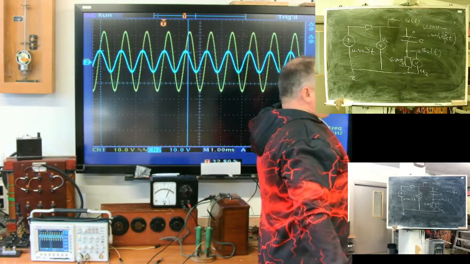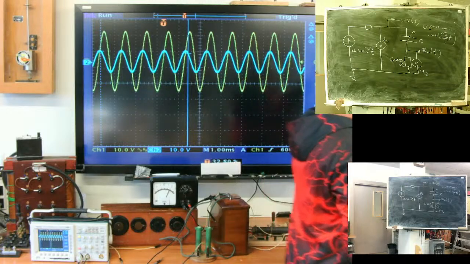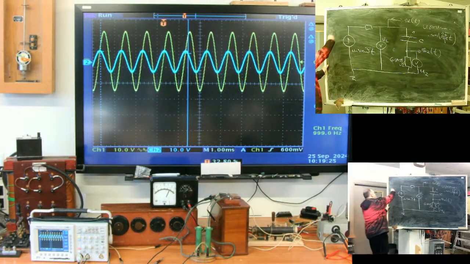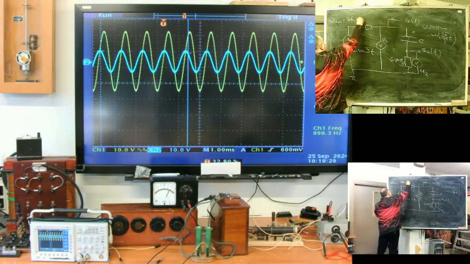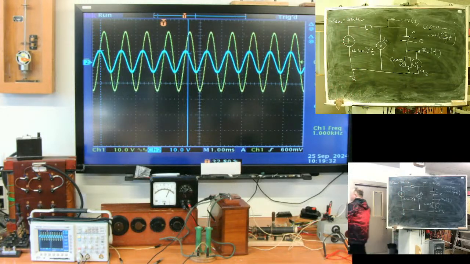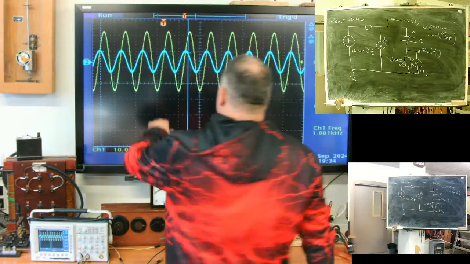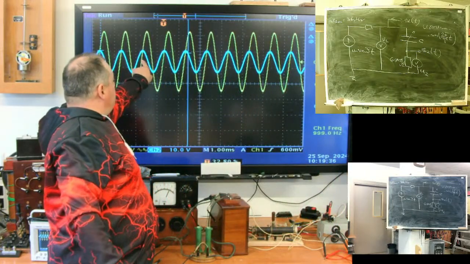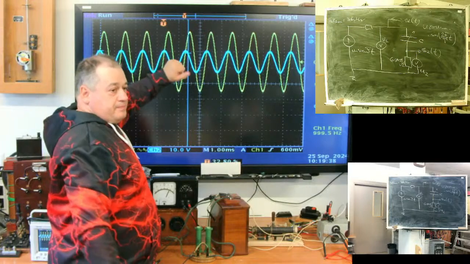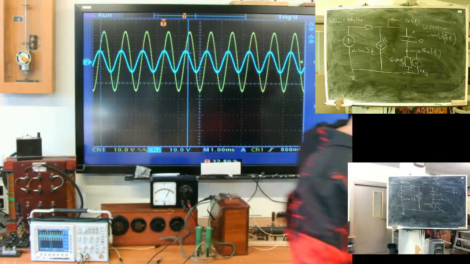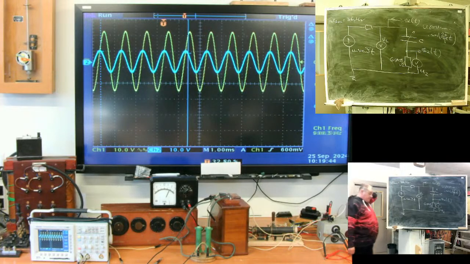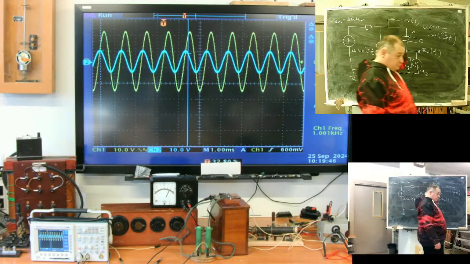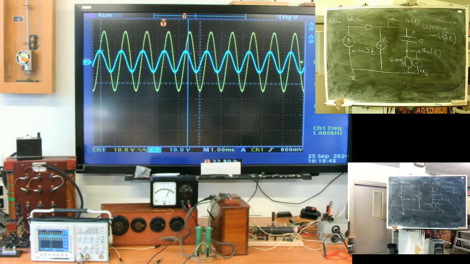Amplitude 36.4. So one mark is 36.4 volts. T capital is this distance between this point and this. Since frequency is 1 kilohertz, it will be 1 millisecond. But what will be equation for the second voltage?